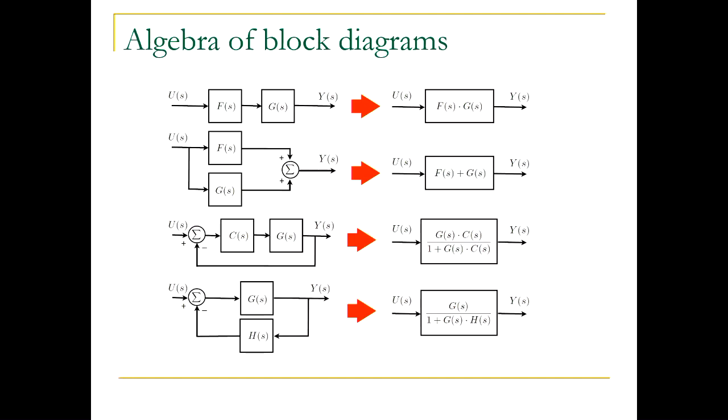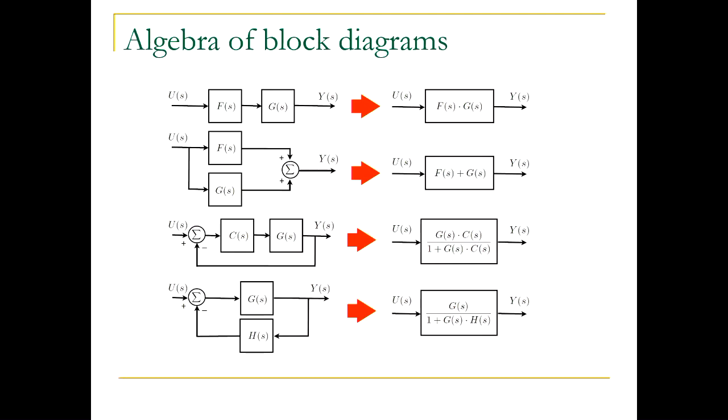These are basic operations that you need to memorize and learn, right? Because they are so important, we will prove them. We want to prove that each of these representations is correct.